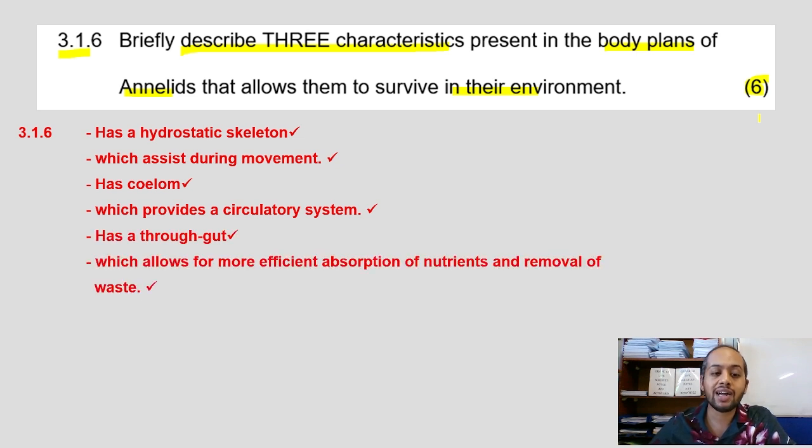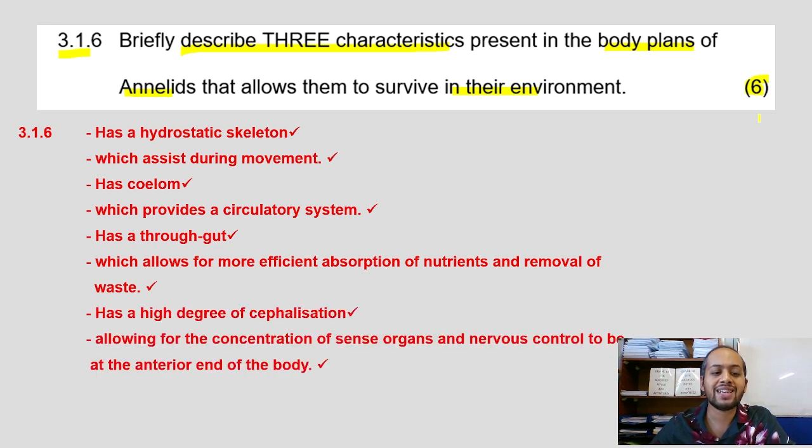It has a through gut which allows for more efficient absorption of nutrients and removal of waste. It has a high degree of cephalization, allowing for the concentration of sense organs and nervous control at the anterior end of the body. So any 3 of these characteristics along with the explanation would have been acceptable for this particular answer.